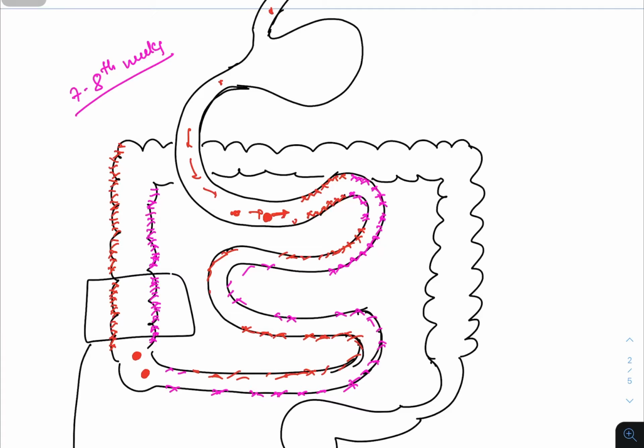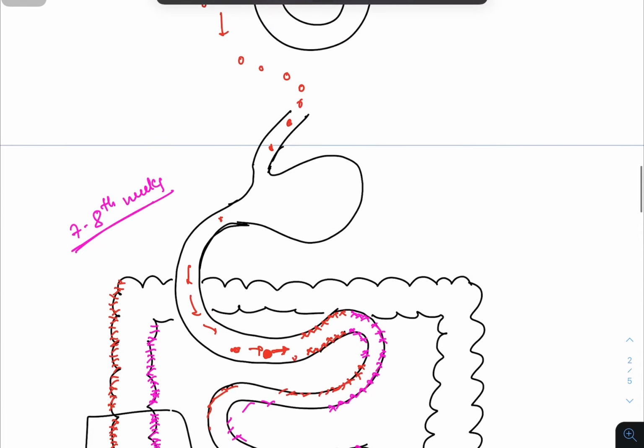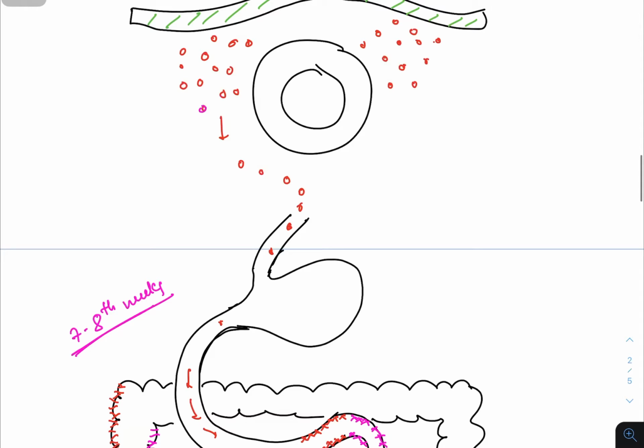So suddenly when it comes to the 7th, 8th week, what will happen is the neural crest cells stop migrating. These neural crest cells which were previously migrating into your intestine stop migrating.